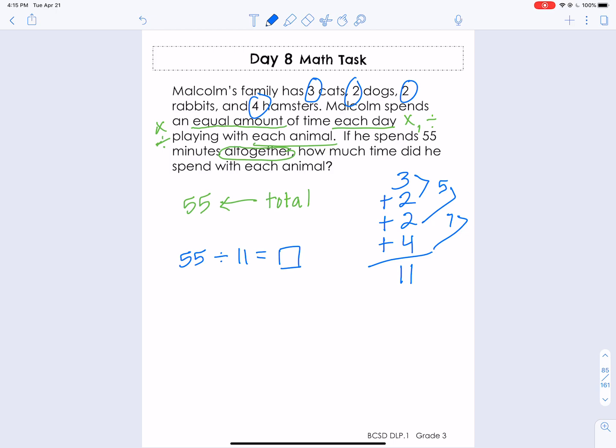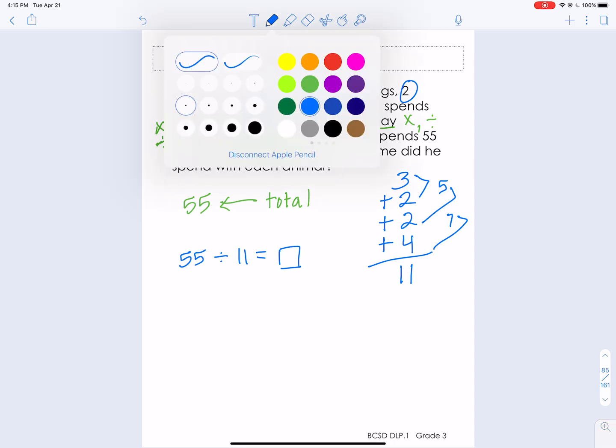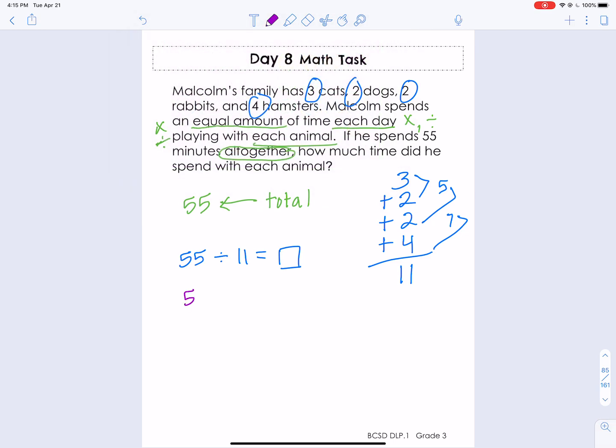So I'm going to start at 55 and get a different color going here. And I'm going to subtract 11 since we're dividing by 11, okay? So that gives me 44. And I'm going to keep subtracting by 11 until I get to 0.